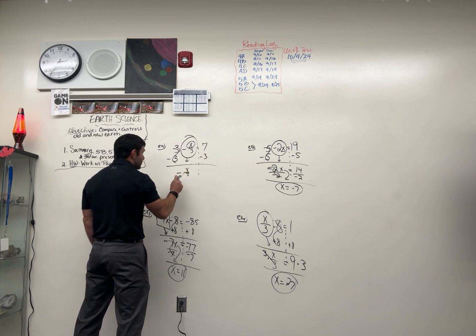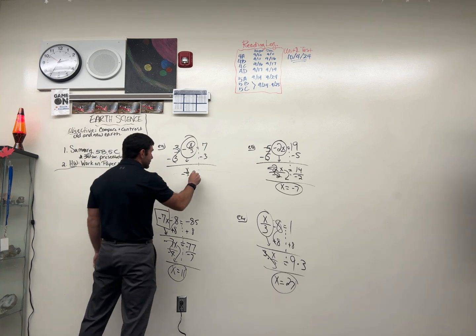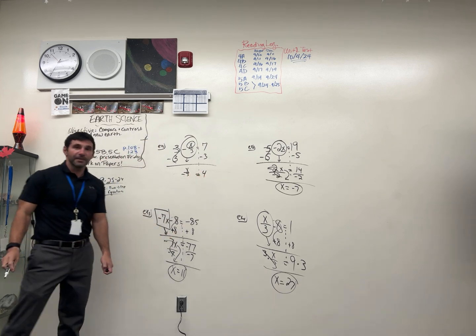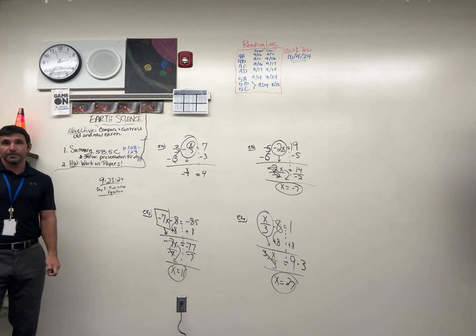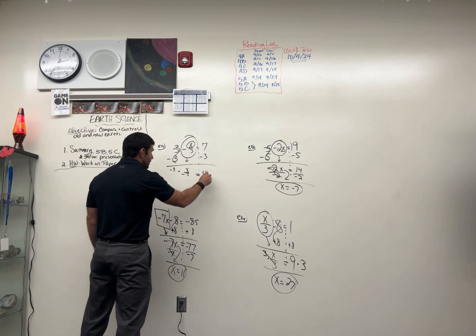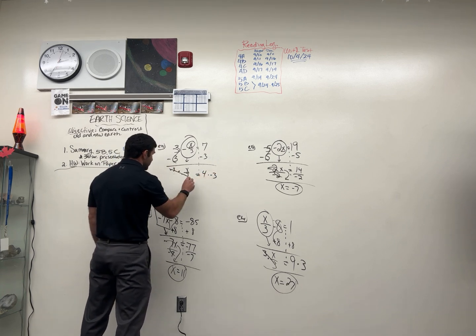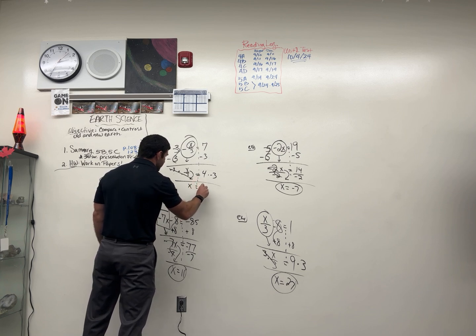Negative x divided by 3. Well, what I want to start doing is putting that negative sign with my denominator. So now I have x divided by negative 3. What's the inverse of x divided by negative 3? Times negative 3. Multiply both sides by negative 3. Leaves me with 1x equals negative 12.